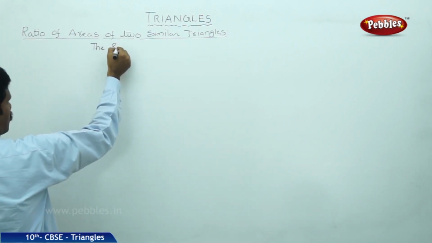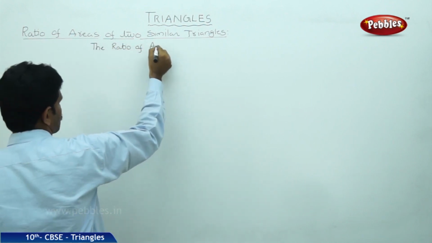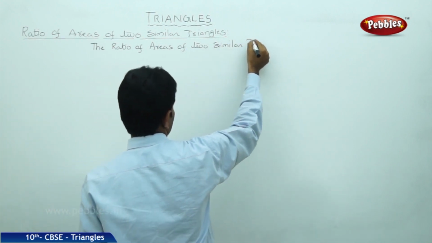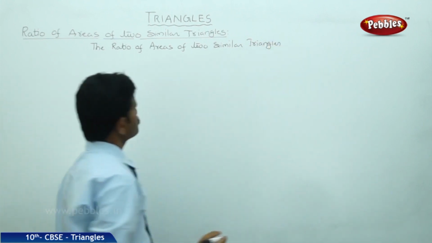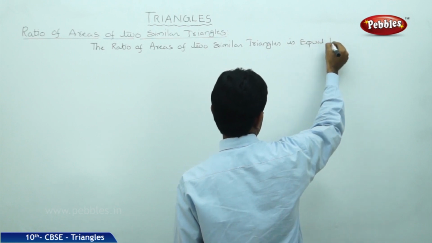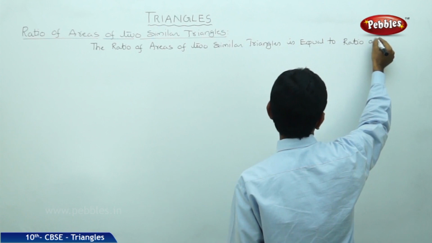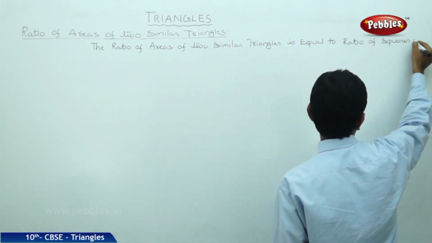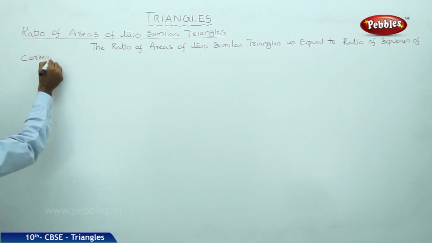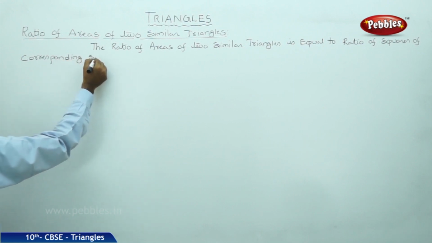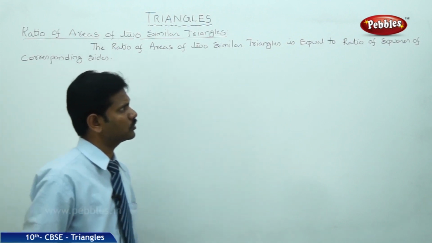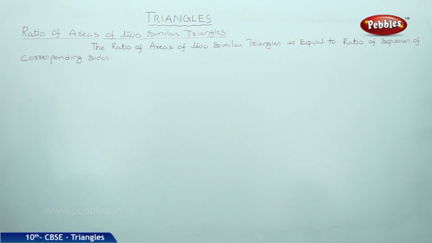Statement: the ratio of areas of two similar triangles is equal to the ratio of squares of corresponding sides.